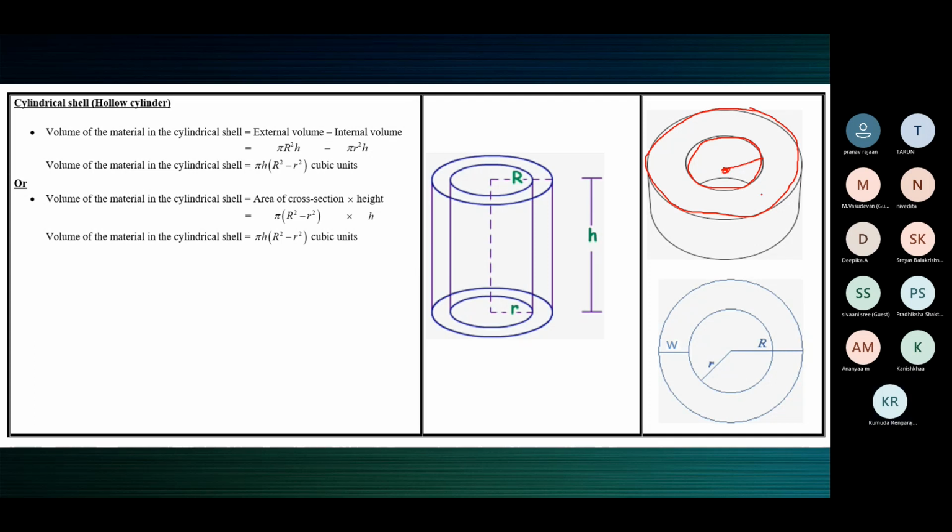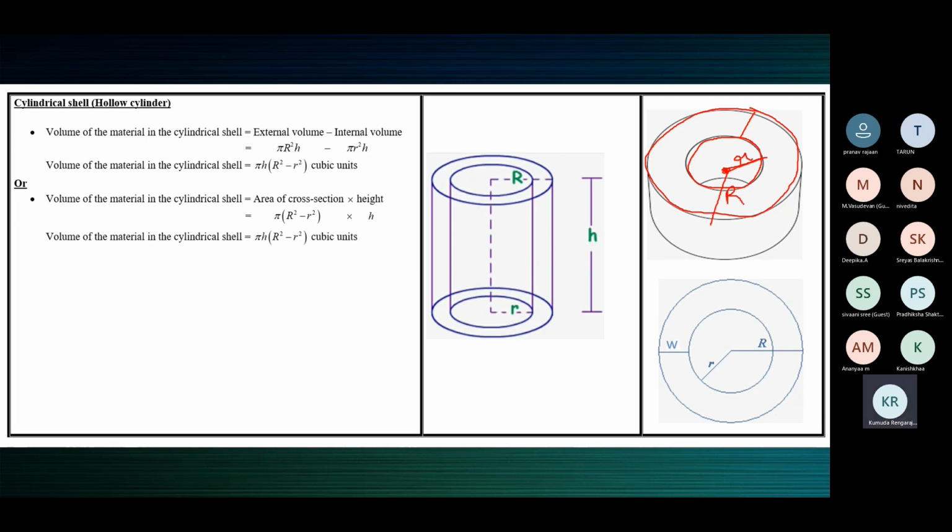It's empty, open at the top and bottom. But the wall, this is what I'm saying, is the wall of the sellotape. It's thick. Now, from the center to this point is the inner radius. From the same center to this point is the outer radius. Definitely, the inner radius is smaller than the outer radius.